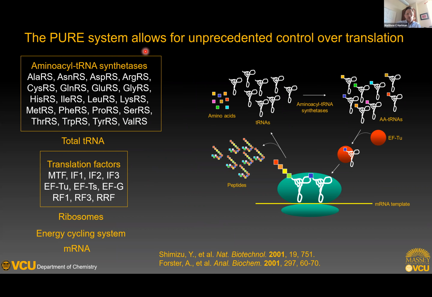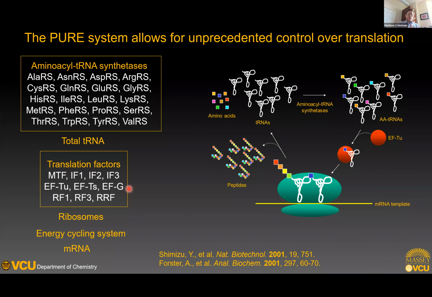So we have our own version of this in my lab. It's a lot of work to prepare and get this together. So it requires you to make 30 different proteins, all 20 amino acyl tRNA synthetases, all of the initiation, elongation, and release factors, ribosomes, energy cycling system, mRNA. So the stuff in the box we make, as well as the ribosomes, we don't make total tRNA, we purchase that.